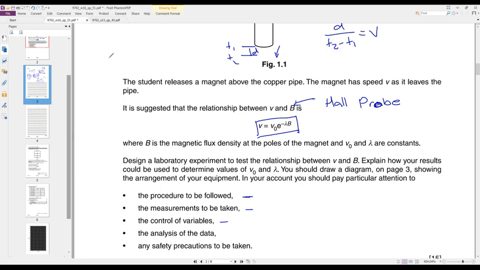Now, you wouldn't put them there and measure the distance. What you'd probably do is put one motion sensor at the bottom, use a ruler and put the second one 10 centimeters down. But you would need to accurately know that distance. It does make sense in a lot of ways, but they're trying to make you be nitty gritty with the details.